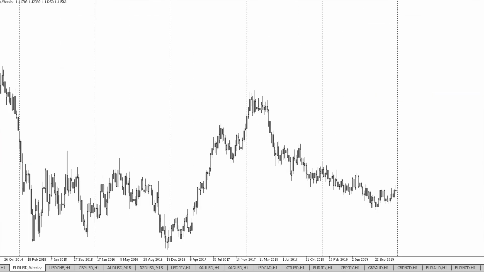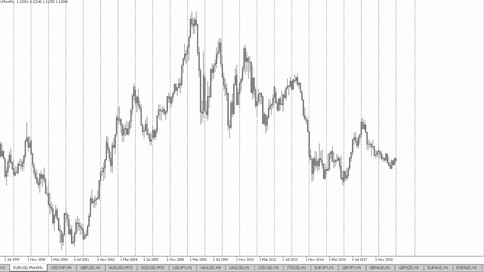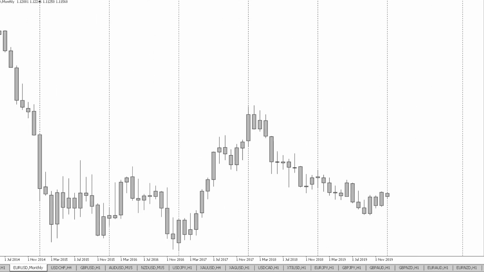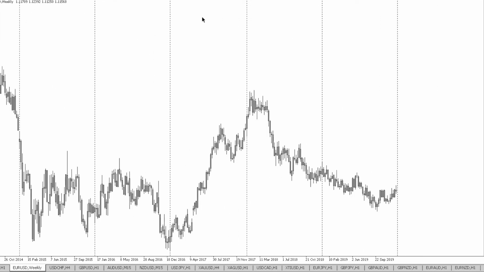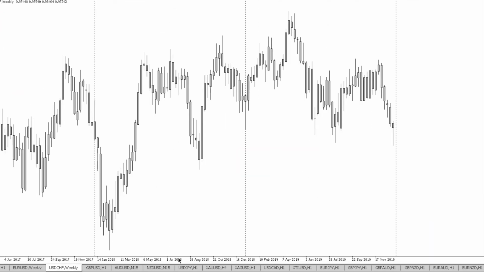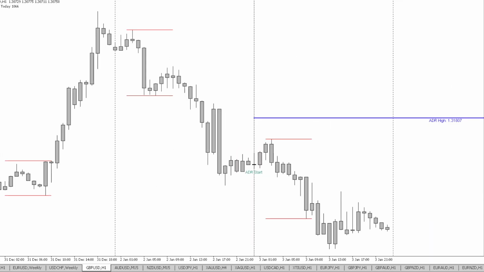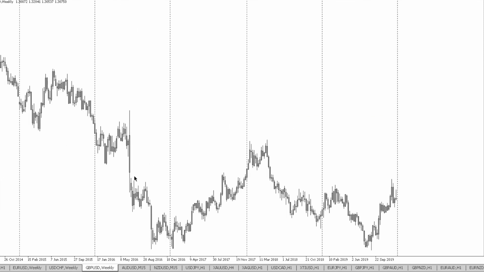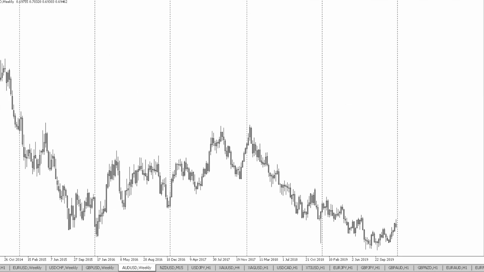But when we move back to our monthlies, I do like to look at the monthly, weekly period separators, because it does let you know what kind of market environment you're in. So when you're looking at, for example, pound, you can see what price was doing for that year, and it just gives you a broader horizon about what kind of market you're in.